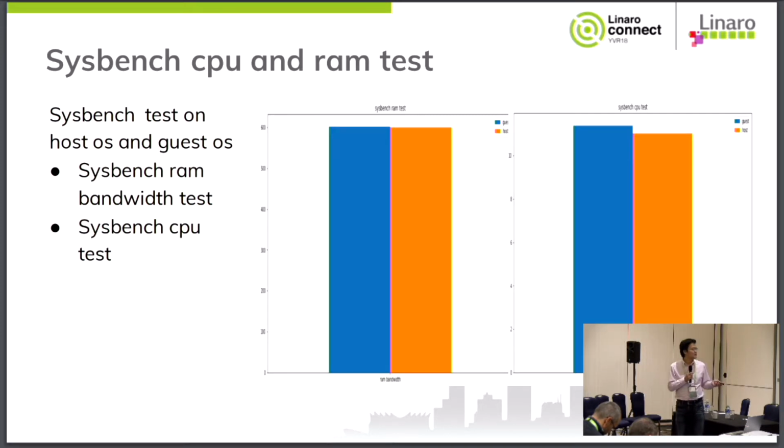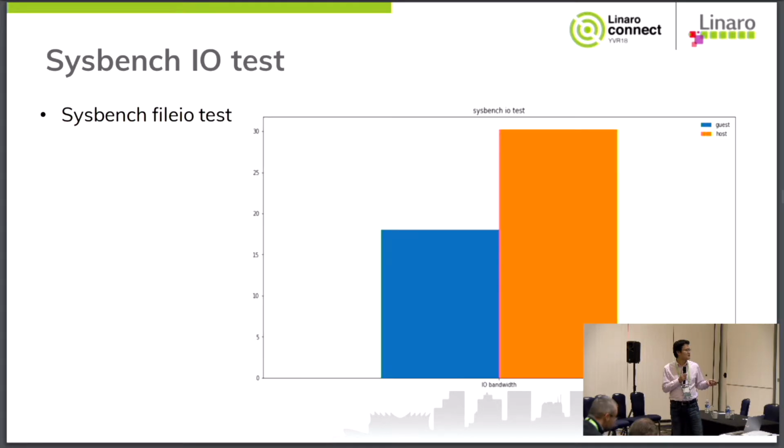And the CPU performance in guest OS and in host OS is very close. For the file I/O test, we can find that the I/O bandwidth in the guest OS is significantly lower than in the host OS. Yeah, this is a bottleneck on ARMv8 virtualization, I think.